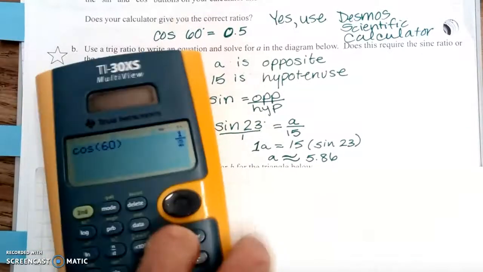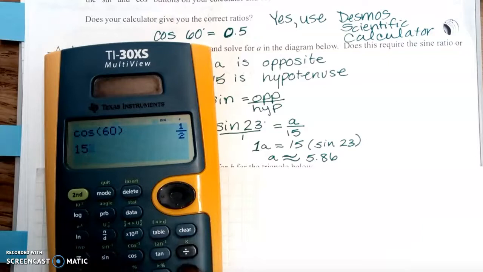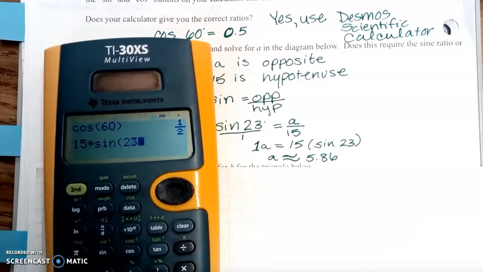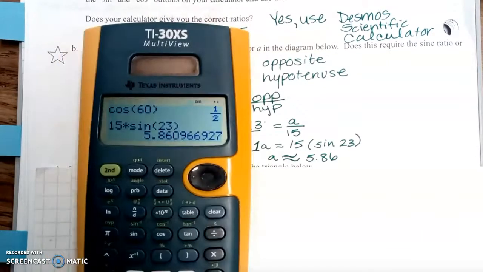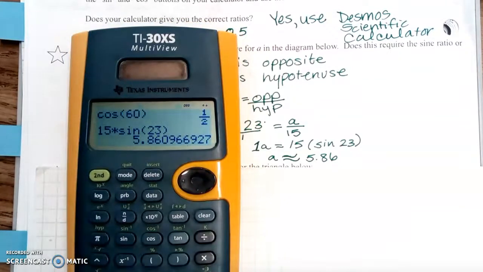You simply type in the calculator 15 times the sine of 23 is equal, and then it's going to give you this big, long decimal. Okay, we're going to round it to the hundredths, which means two numbers after the decimal point. The number next to it tells you whether to stay or round up.